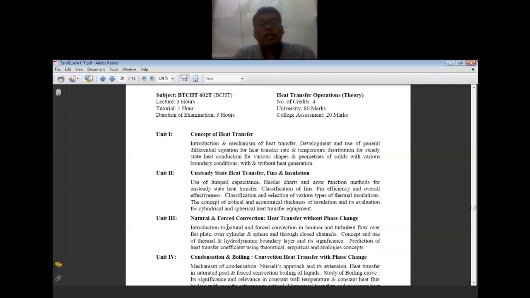So when we are talking about natural and forced convection, you require to correlate it with the laminar and turbulent flow over the flat plate, over the cylinder and over the sphere and through the channels. How the fluid is going to pass through a pipe or over a certain plate.